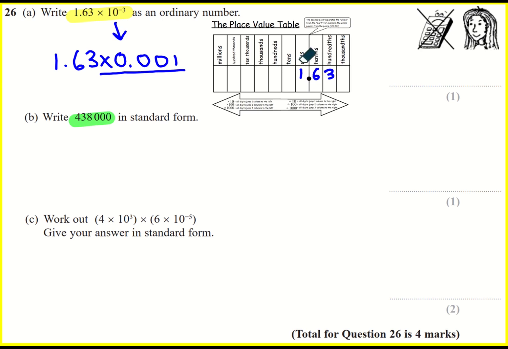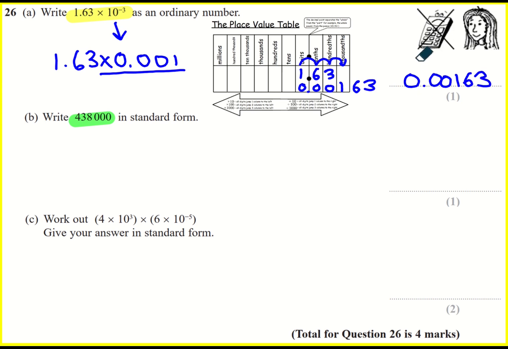So the 1 is going to go 1, 2, 3, it's going to go there. The 6 would go here, and the 3 would go here. And I'm going to fill in everything else with zeros. 0.00163. So that is my answer as an ordinary number, 0.00163.